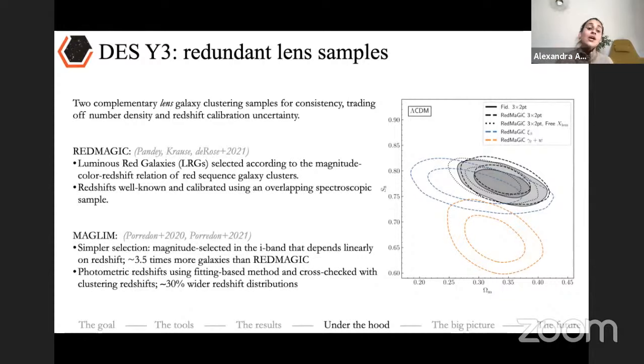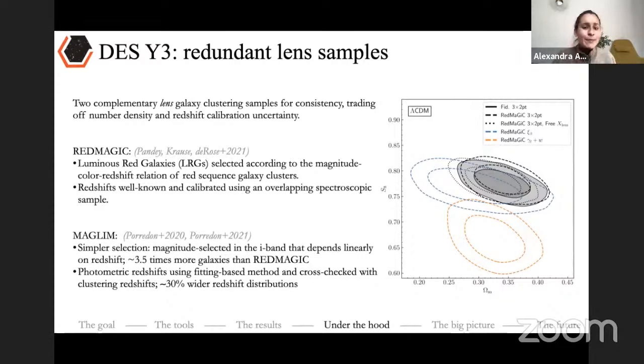So in 2x2, we have strong evidence that what's happening in redMaGiC is an uncalibrated systematic in that lens catalog. But when you combine it with the cosmic shear, it anchors down your S8 constraint and helps calibrate out the systematics. Now, one aspect of that is that we defined this X parameter when we were going through our investigative process.